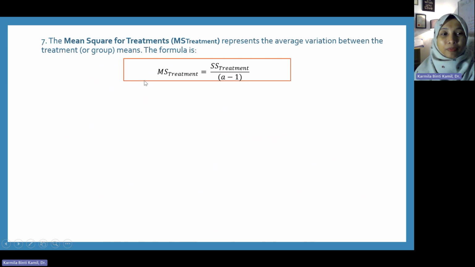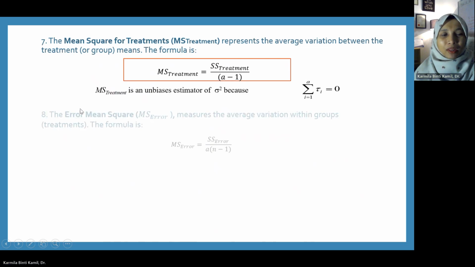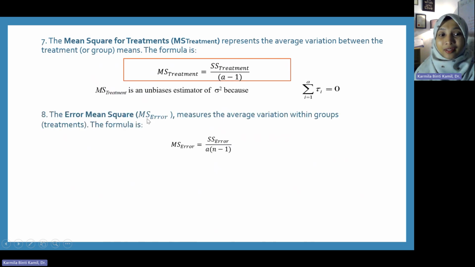So next is MS error, or error mean square. It measures the average variation within groups or treatments. The formula is MS error equals SS error over A times N minus 1. We already found the SS error in the previous step, so just substitute the values of A and N, and you will get the value of MS error.